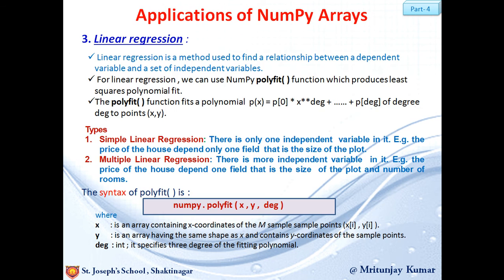Now we will move to the next topic, that is linear regression. Linear regression is a method used to find the relationship between a dependent variable and a set of independent variables. So what are the dependent variable and independent variable?